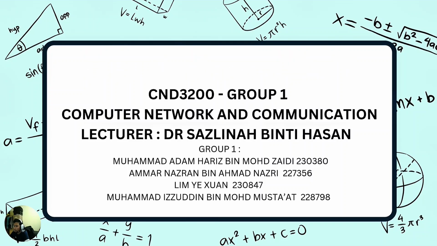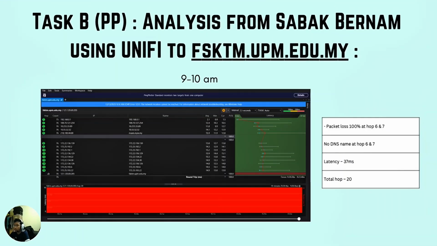So today I'm going to talk about the analysis from Unifi Suburban in access to the fsktm.upm.edu.my website. First thing first, I check the speed using the PingPlotter tool at time 9 to 10 a.m. From the result, I get a packet loss at hop 6 and 7.